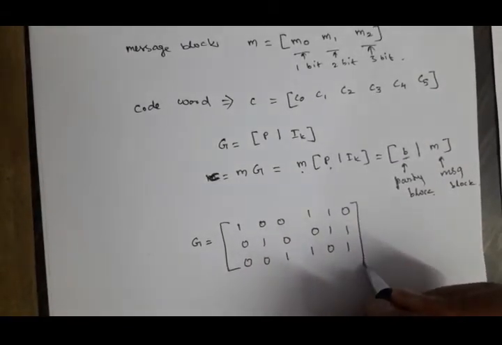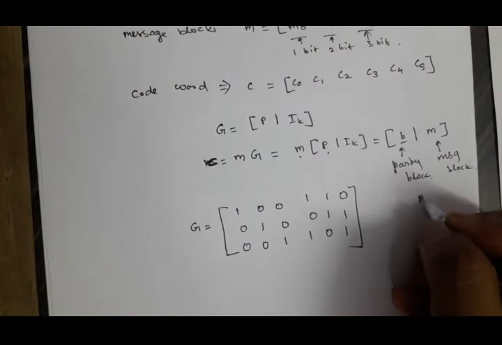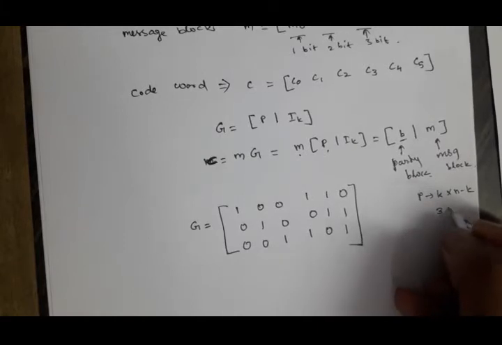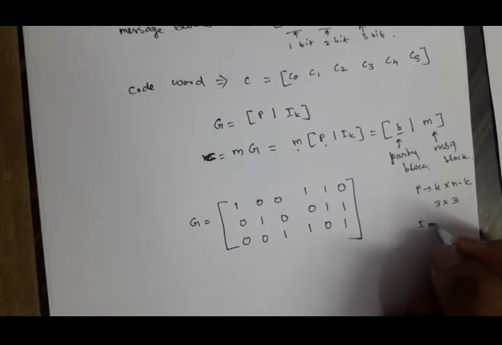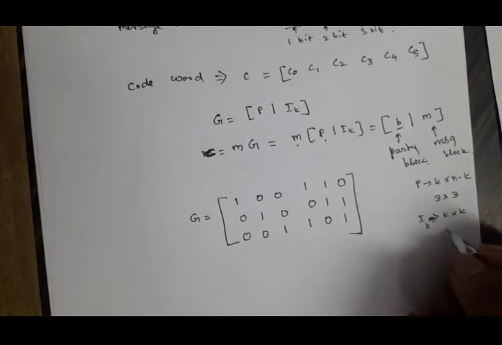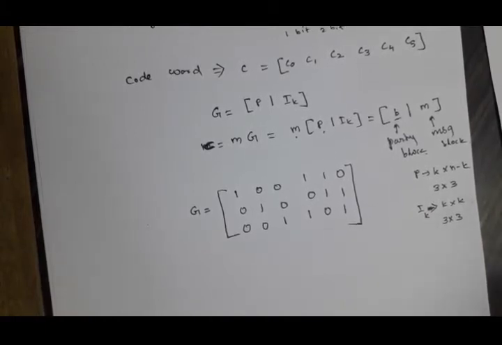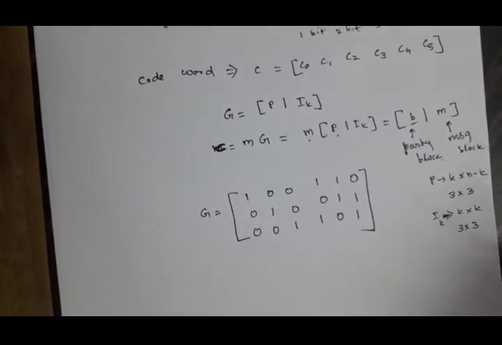This is the way the generator matrix is given, and we know that the size of the parity matrix is k cross n minus k, so that here it should be 3 cross 6 minus 3, which is 3, and the size of the identity matrix is k cross k, so that here it should be 3 cross 3. So this generator matrix should be a combination of the parity matrix and identity matrix, and the size of the parity matrix should be 3 cross 3, as well as the size of the identity matrix should also be 3 cross 3.